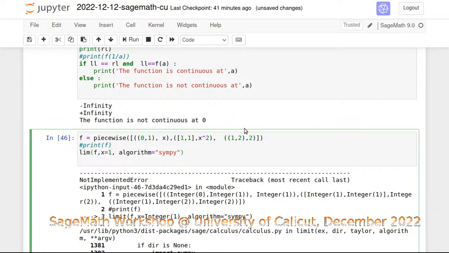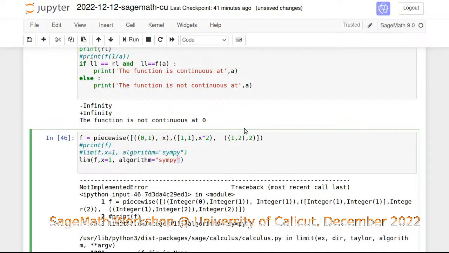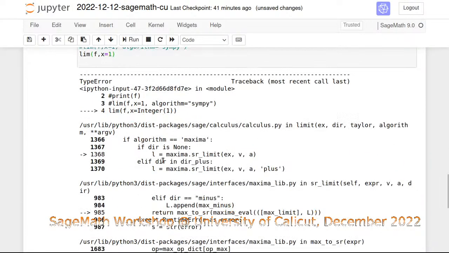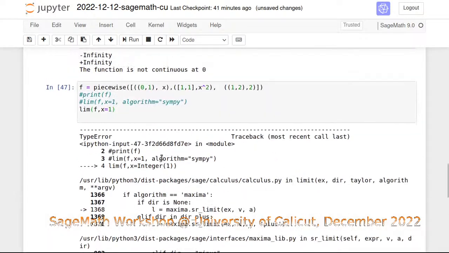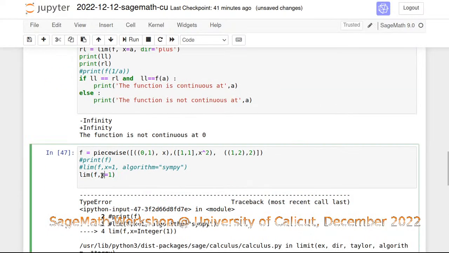Okay, now let me just try to find this itself, x equal to 1, still. Okay, once again.